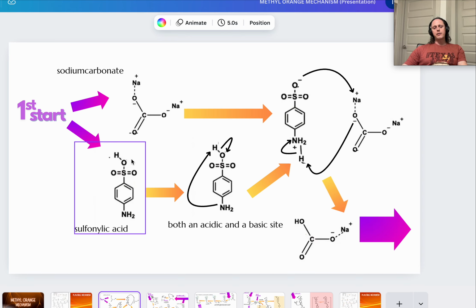So this is not very acidic because this is a very nonpolar group here, and there's already so many bonds going on there. Here, on the other hand, the amine already has two protons, doesn't really need a third one. Is it really all that basic?